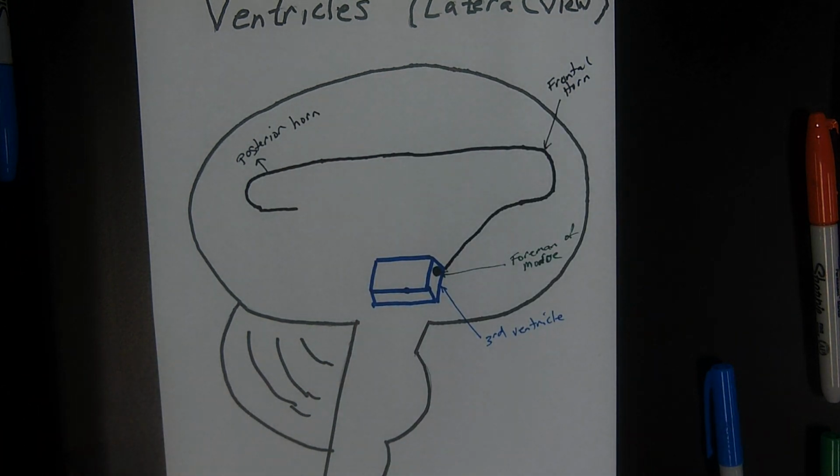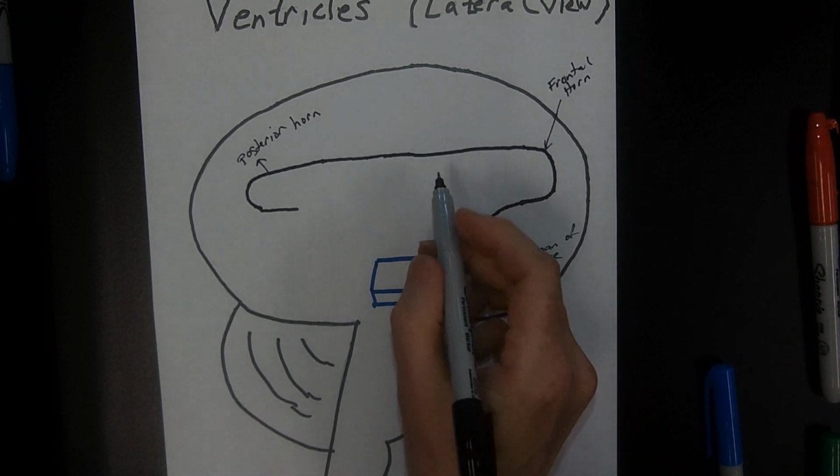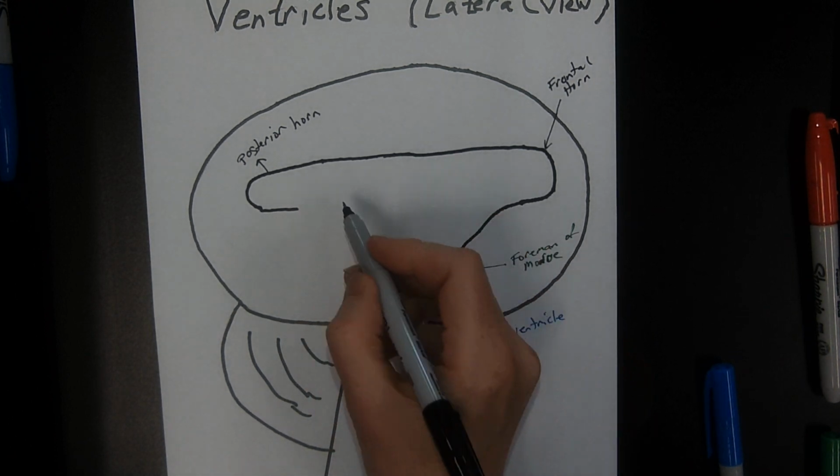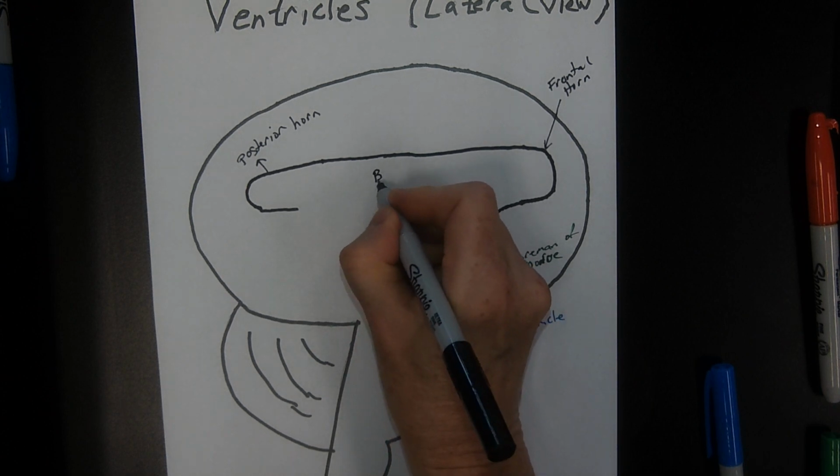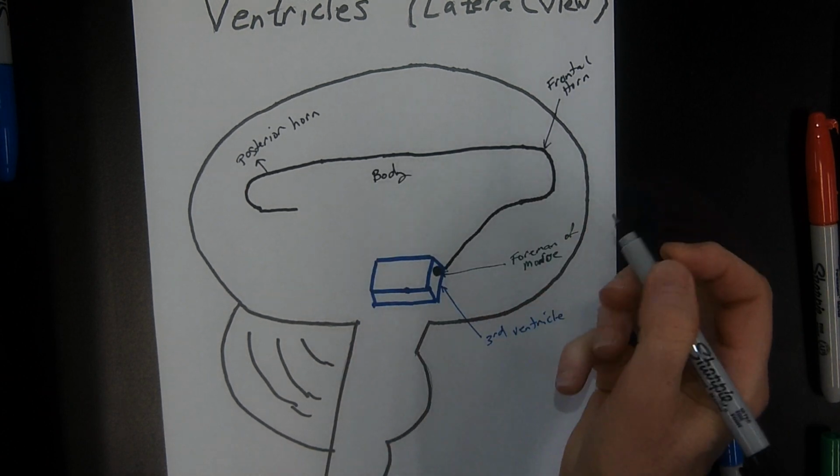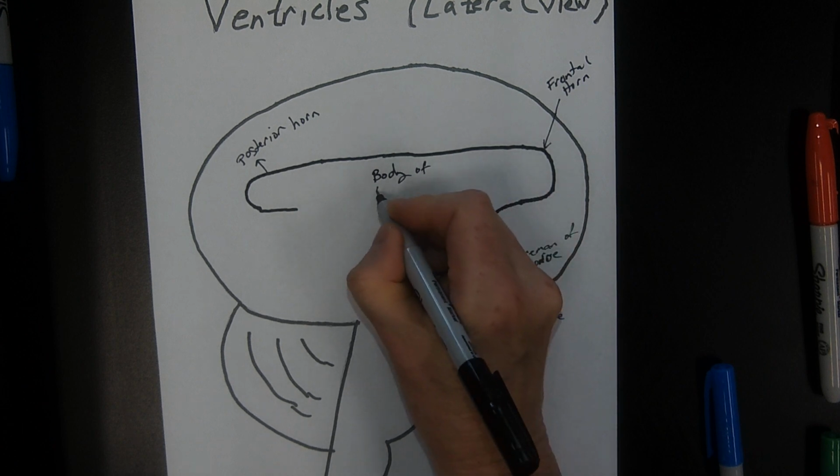So your frontal horn, posterior horn, and this whole thing is called your lateral ventricle. The whole middle section of your lateral ventricle is called the body. I'll just say body of lateral ventricle.